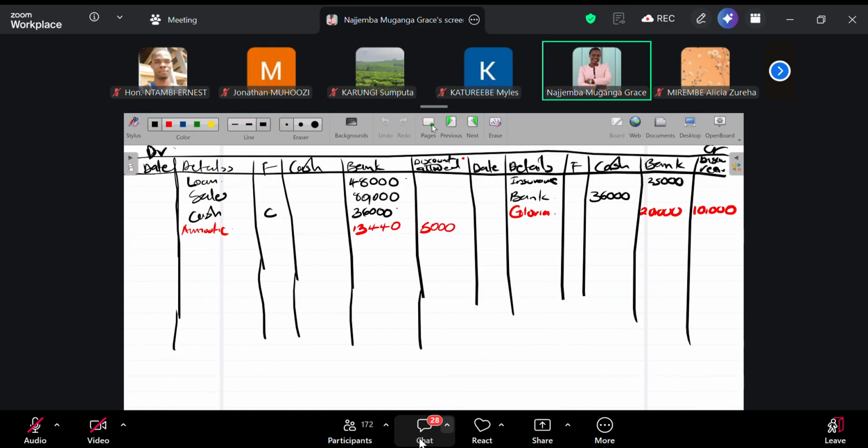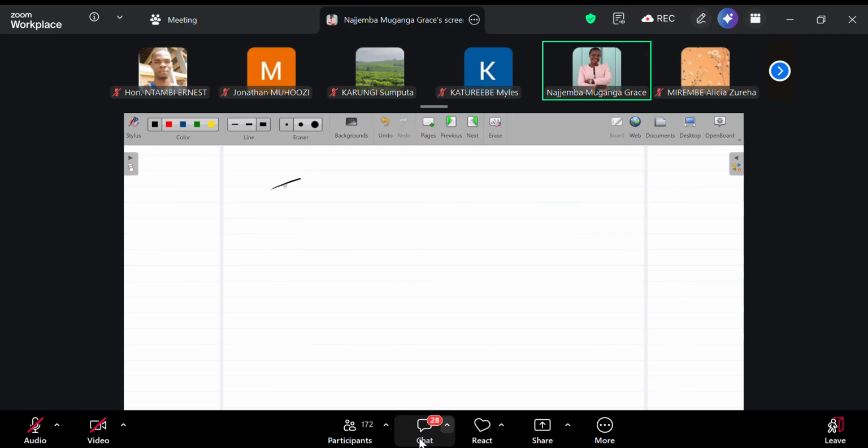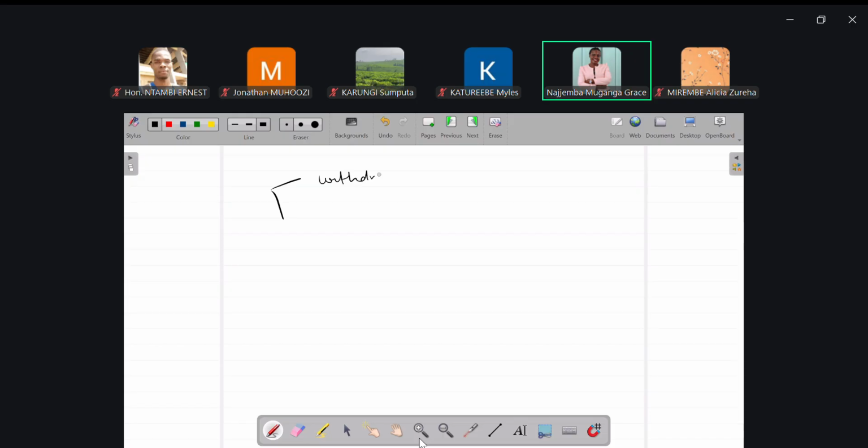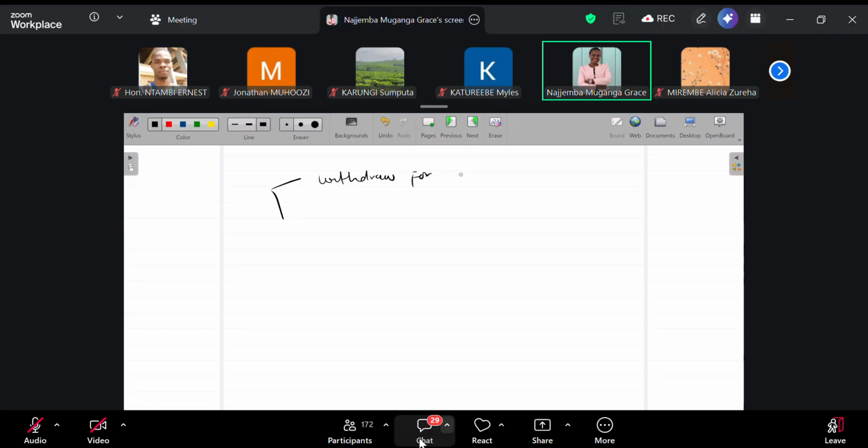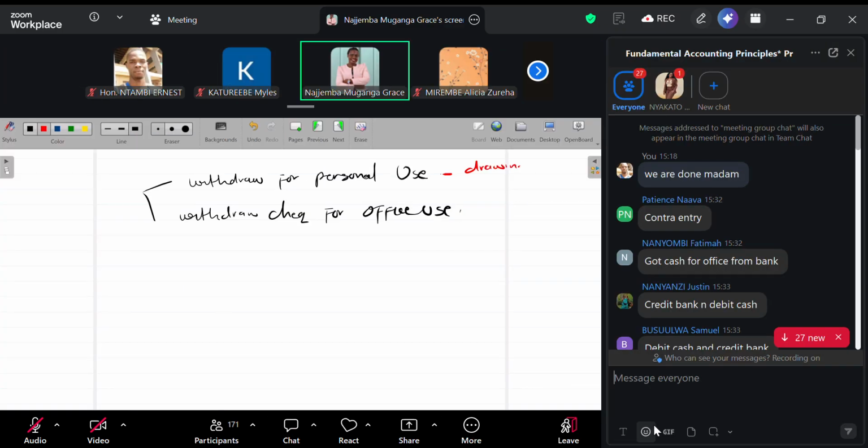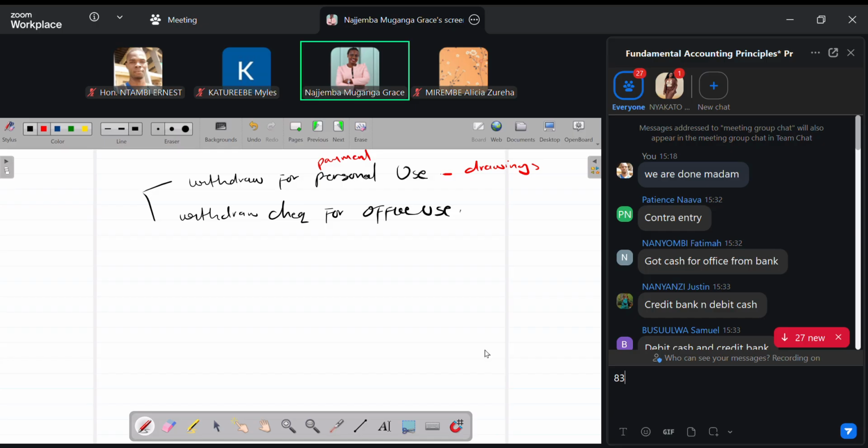Withdrawals that could be made are in two ways. You could withdraw for personal, or you withdraw money for office. For personal use, these are drawings. It is recorded once as a payment. But for withdrawal for office use, it's like someone saying we got money from bank and converted it into cash.